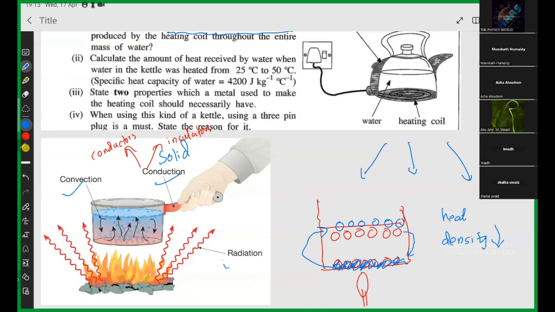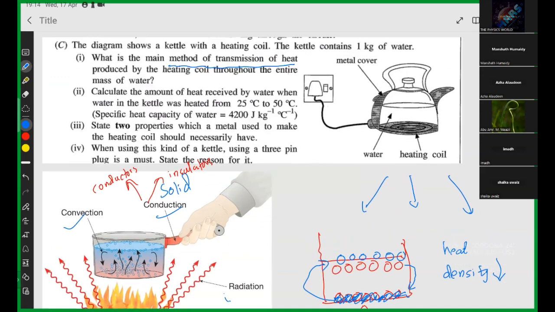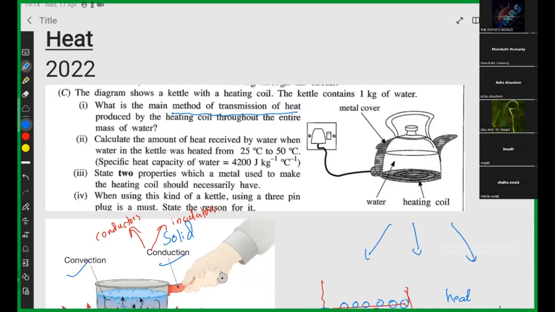Because of this, a current is created, and that current is what you call convection. So when you look at this question, what is the main method of transmission of heat here? It is convection. By heating, the bottom particles will move up, the top particles will come down, and as a result a current is created, and that's how it's getting heated.